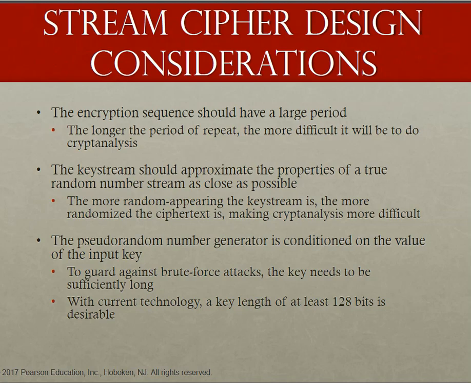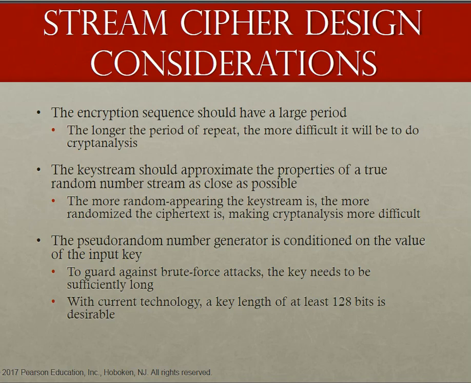The larger the period of repeat, the more difficult it will be to do the cryptanalysis, of course. The second one is the key stream should approximate the properties of a true random number stream as closely as possible. For example, there should be an approximately equal number of ones and zeros.